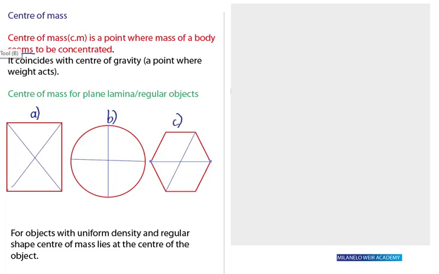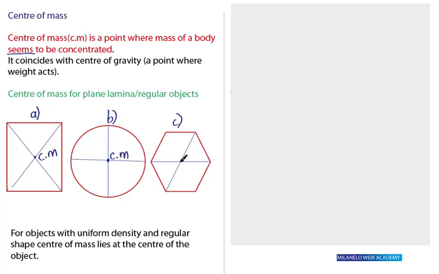Where these lines cross, that's where the center of mass is. For A, they cross here, so this is my center of mass. For B, here is where the lines cross, so this is our center of mass, CM.